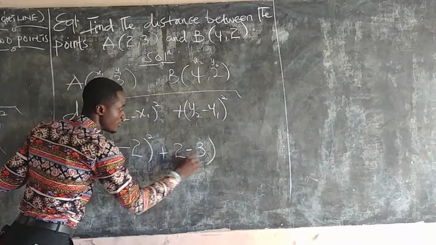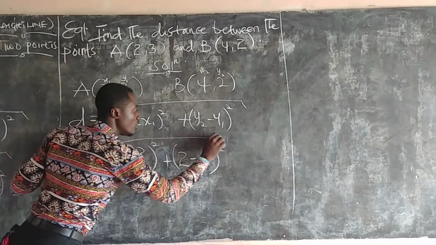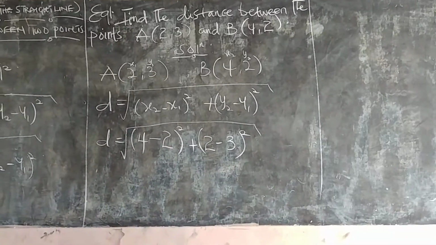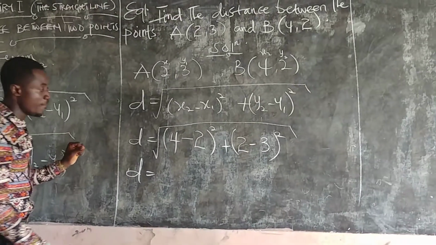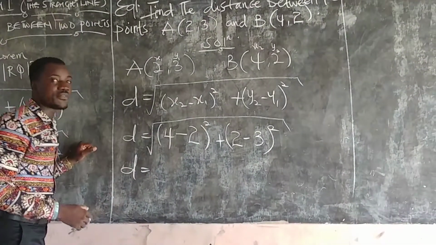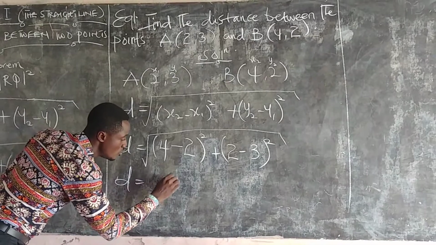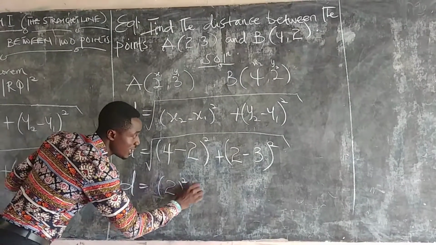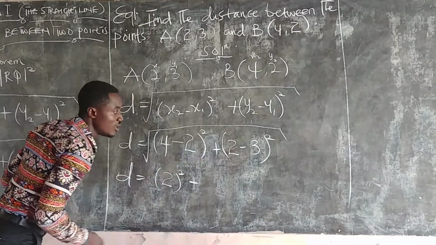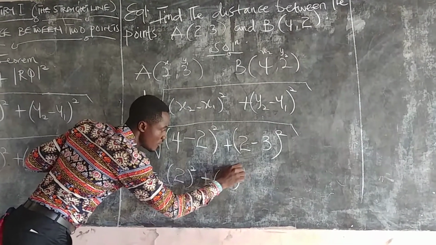So write 3. You square it, then you bring the root. Let's solve the terms in the bracket first. 4 minus 2 will give us 2 squared, plus 2 minus 3 will give us negative 1 squared.